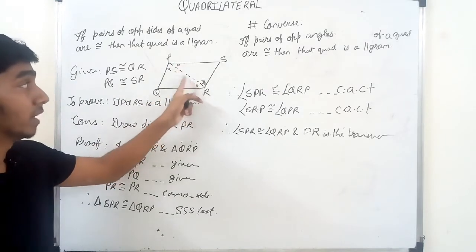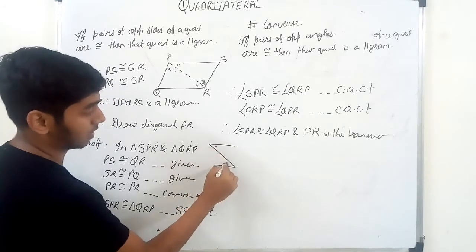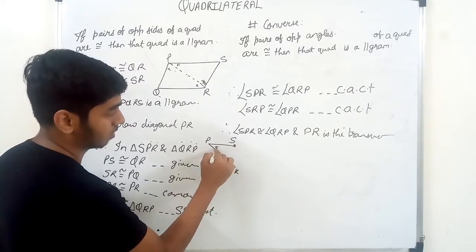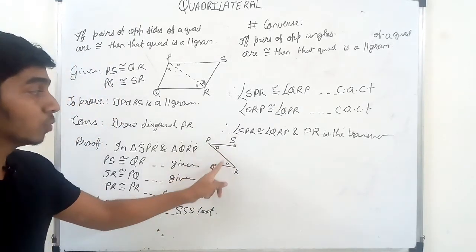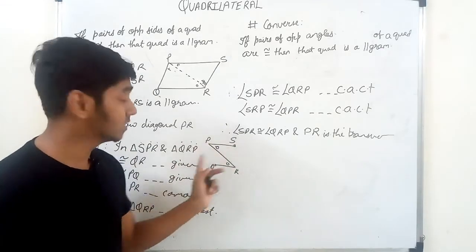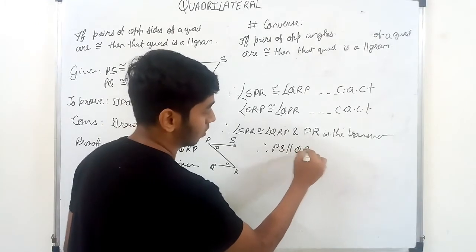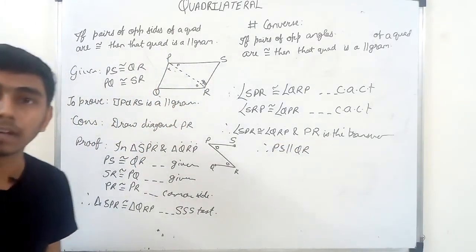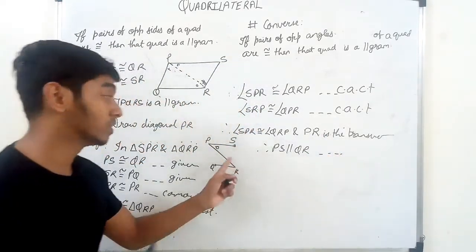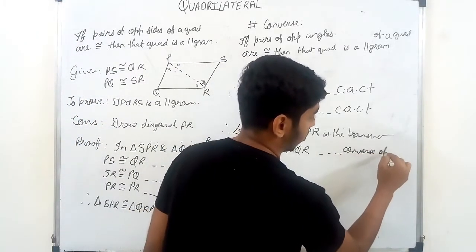So if this and this are congruent and this is the transversal, aren't we getting it like this? This is S, this is P, this is R, and this is Q. Yes or no? So we're getting these two angles to be congruent and PR is the transversal. Therefore, can we not say PS is parallel to QR? Correct? This is what we get. So we can say this by converse of alternate angles. Yes or no?